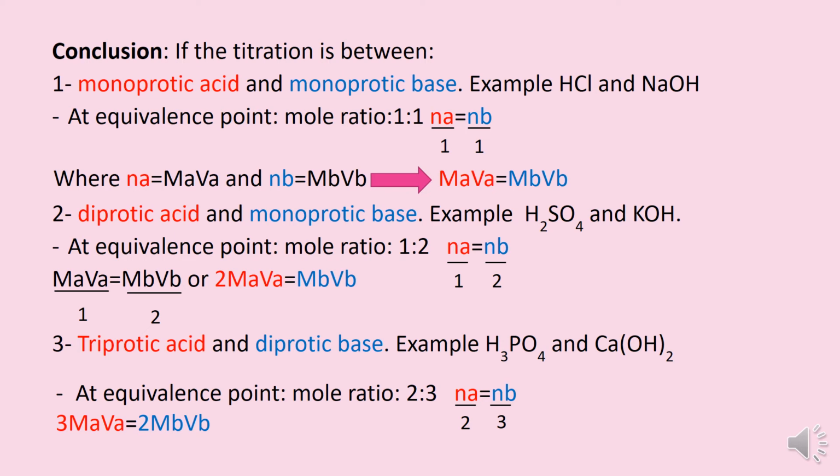So here, if you have three of these four, we can find the unknown by using this relation.